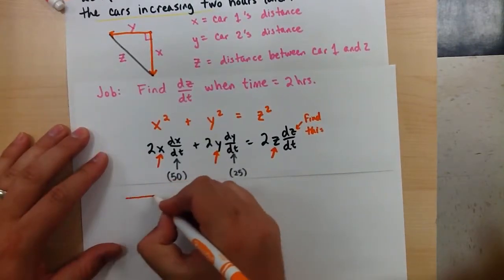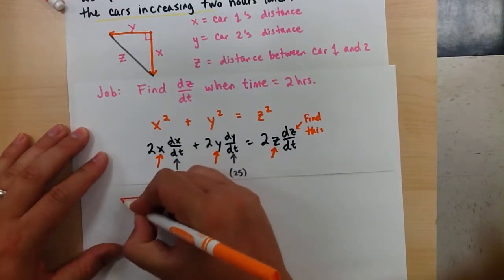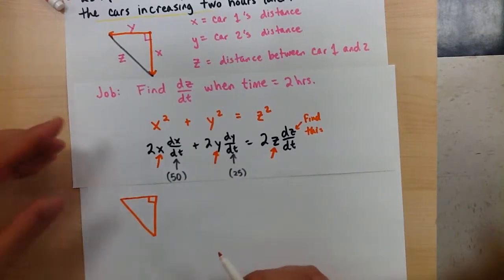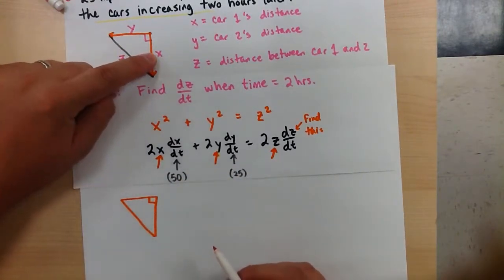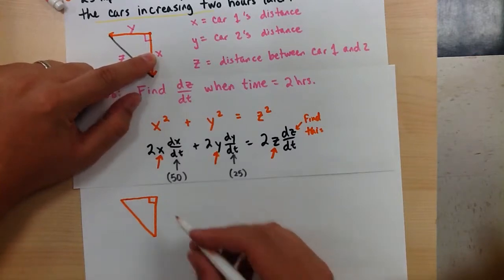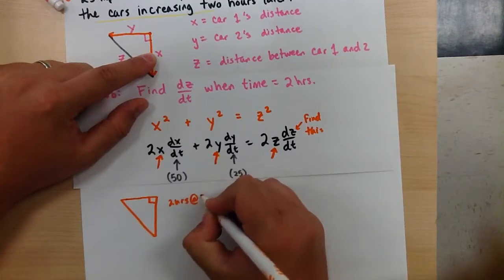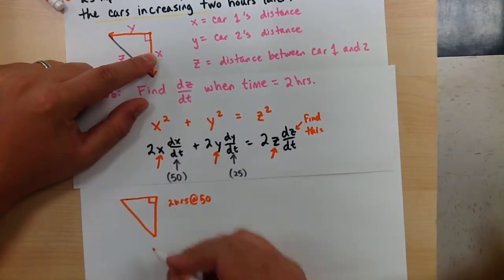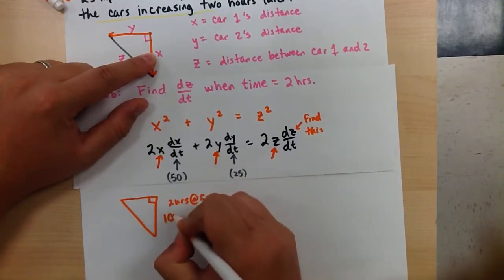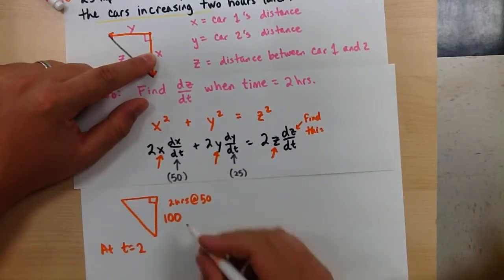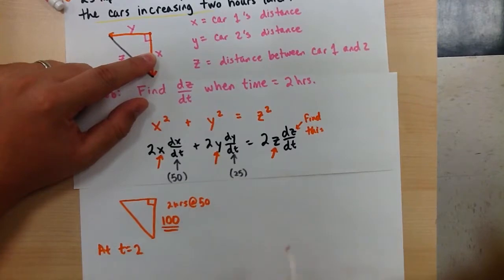We have ourselves a right triangle, okay? And we know something. We know that car 1 has traveled 2 hours at 50 miles per hour. So 2 times 50, this is 100. So at 2 hours, we know the distance that car has traveled.